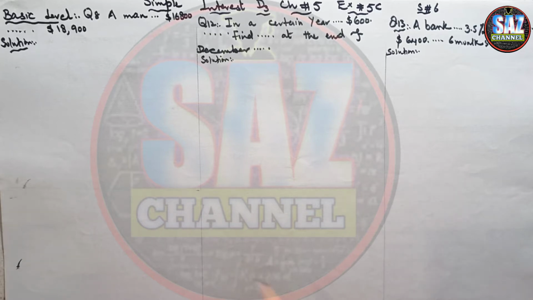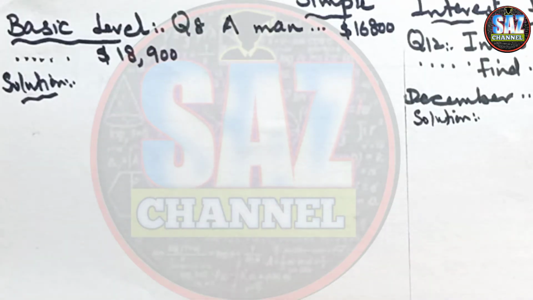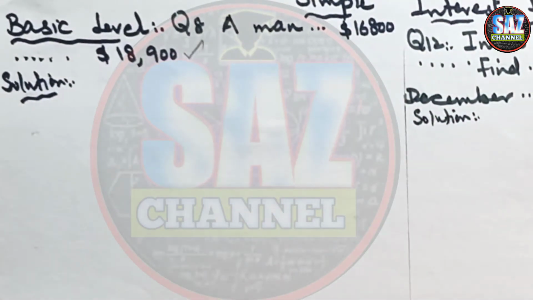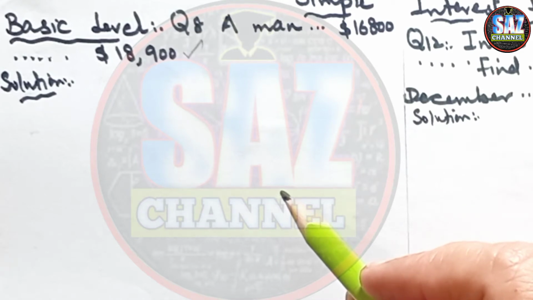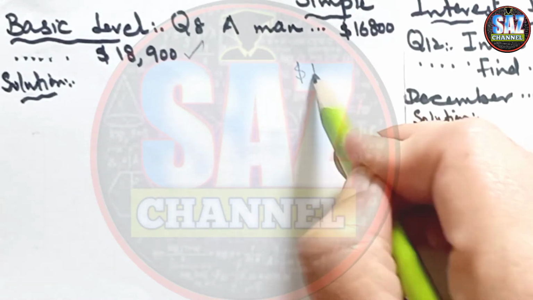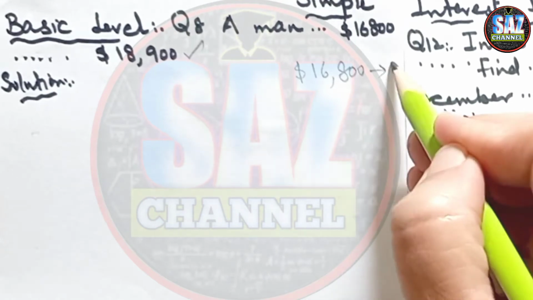Let me read the question. A man invests 16,800 in a saving plan that pays simple interest at the rate of 5% per annum. Find the time taken for his investment to grow to 18,900. Let's once again read the question. 16,800 is the principal amount that he is investing.